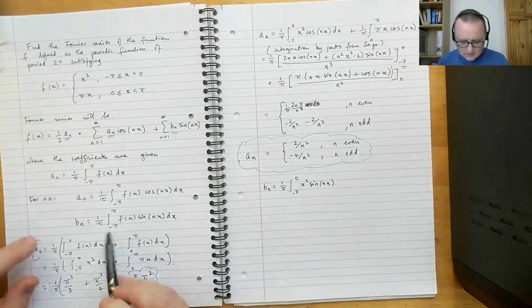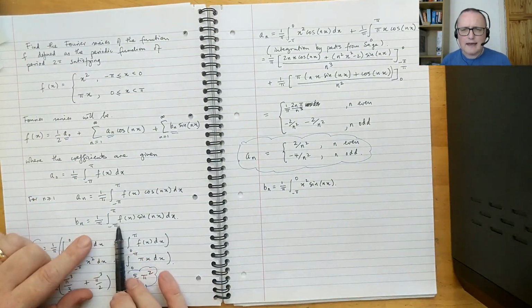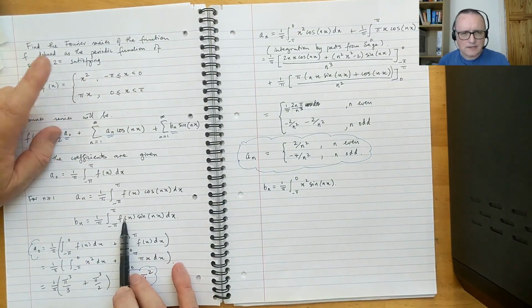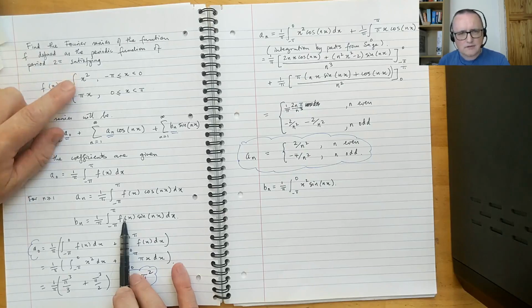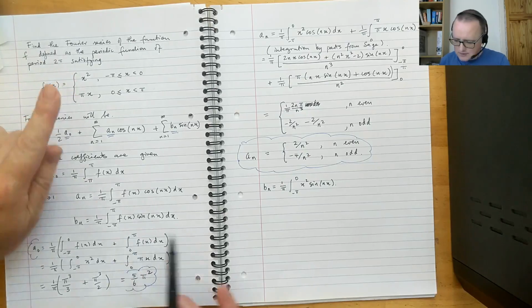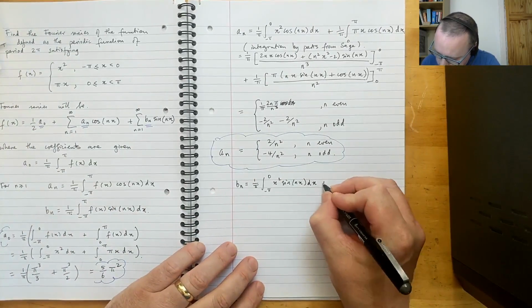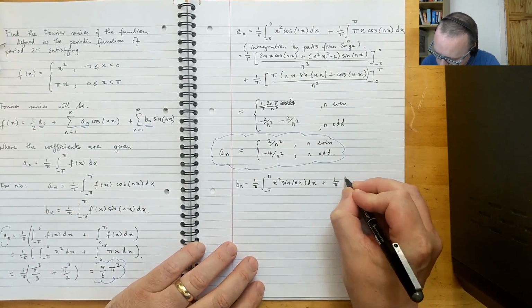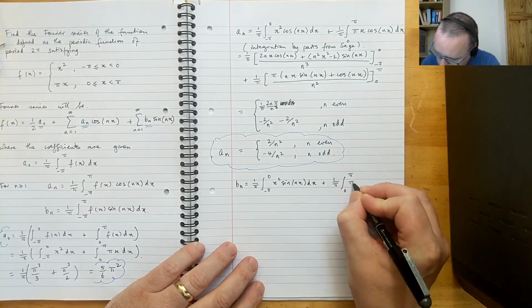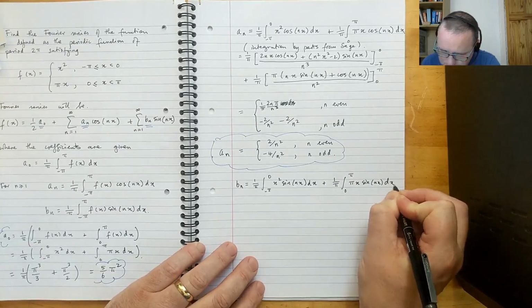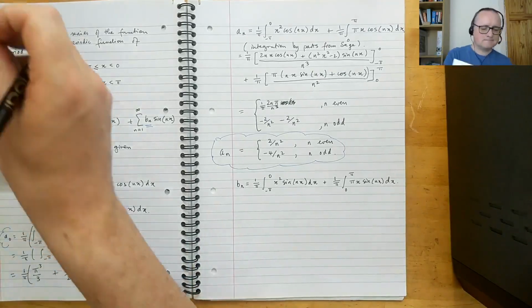So what I'm starting from here is the original coefficient formula for bn, but the behavior of f, remember, is it's got a certain behavior in the negative half and a certain behavior in the positive half. So that's why we split the integral up like this. First integral, and then 1 over pi times the integral from 0 to pi times x sine nx dx.